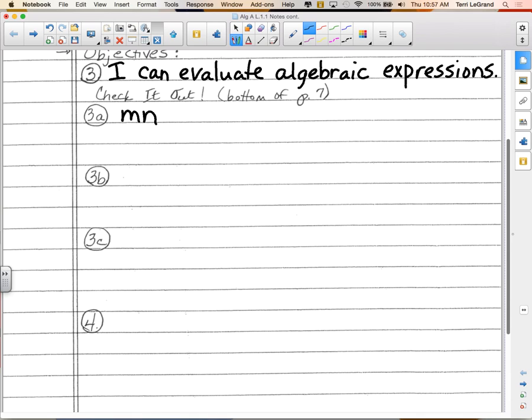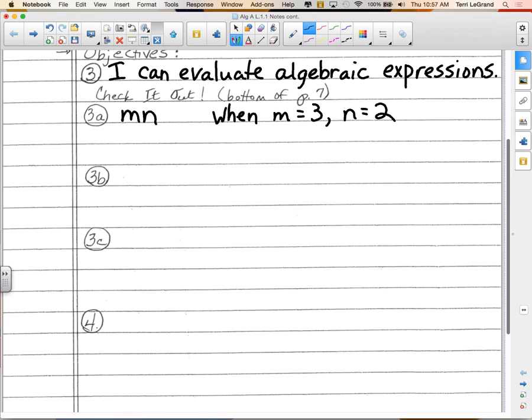We're supposed to evaluate it, and let's write this down too, when m equals 3, n equals what? 2. Write that down also. We are evaluating the algebraic expression mn, also known as m times n, when m is 3 and n is 2. So we have the algebraic expression there already.